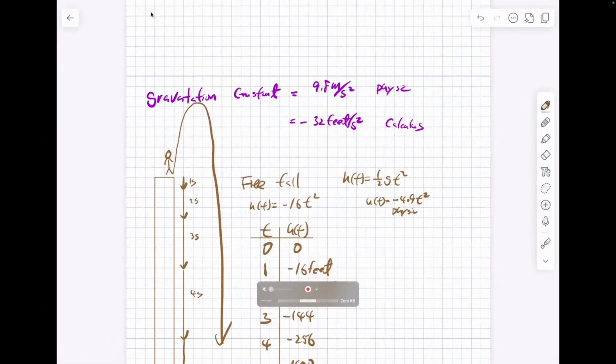So I can have a ping pong ball here. What's interesting about a ping pong ball is this. Once you hit it and it bounces, the instant the ball hits the paddle, it creates some initial velocity.